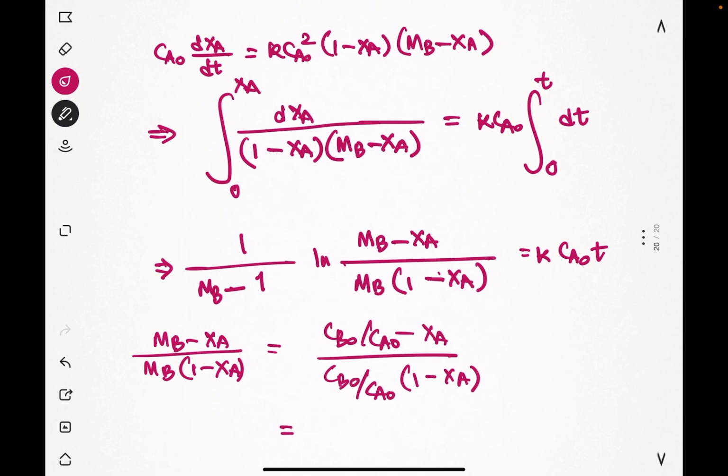If we simplify this, the top part of the equation is nothing but CB.